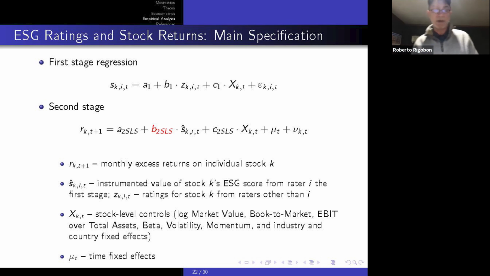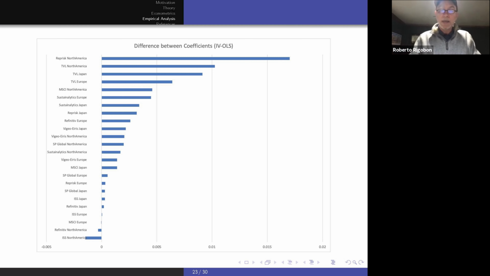In fact, after instrumentation, the agreement is very, very large. So this is more or less what happened to the coefficients. I'm showing you one of the tables, which shows how much the coefficient increases when you run this by rating agency and region of the world. It happens that the region of the world matters a lot.